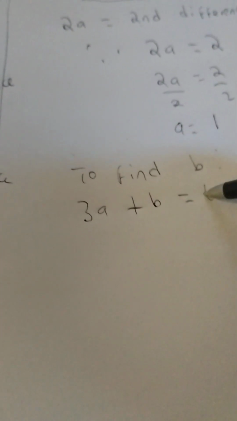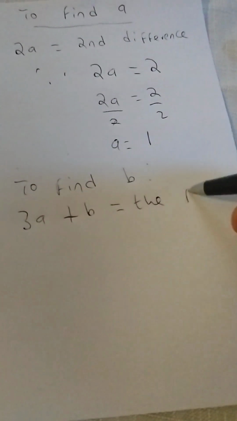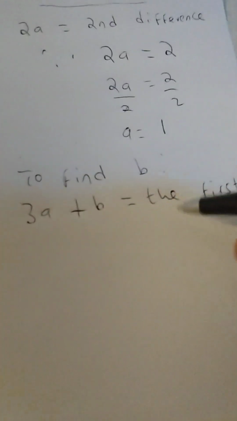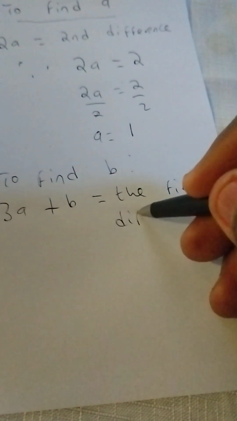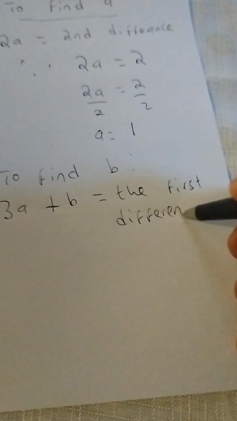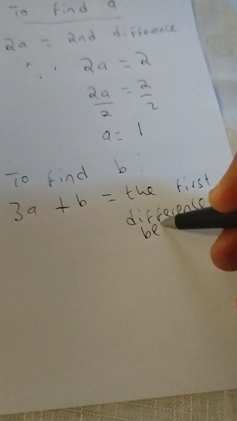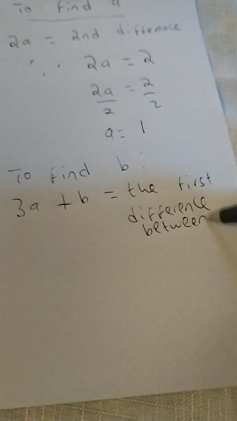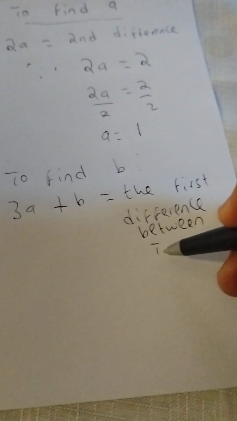So 3A plus B is equal to the first difference between your T1 and T2.